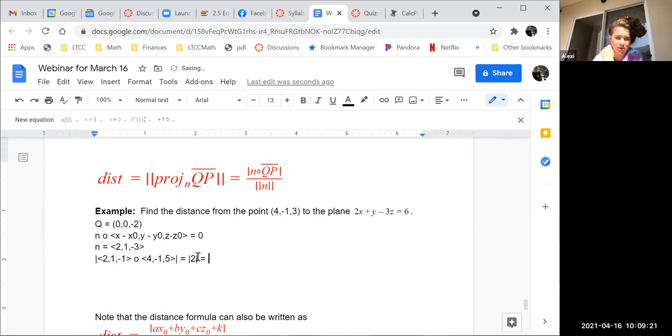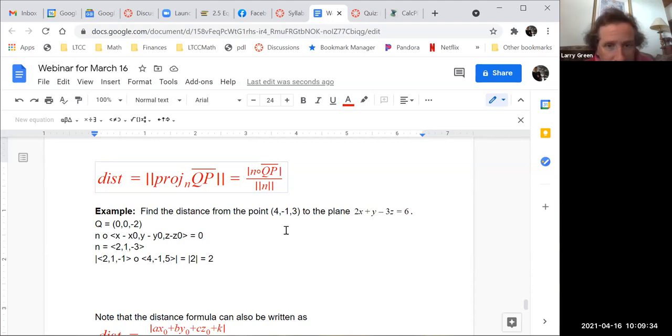Can you explain how you got that again? The 4, -1, 5? Yep, that was, again, we're looking at this QP thing. And QP is, here's Q. Here's P. So we're going to take 4 minus 0 is 4.